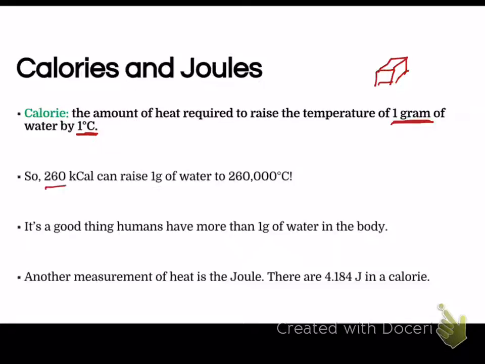But if we had 260 kilocalories, so kcals there, we know there's a relationship between calories and kcals because kilo is a familiar phrase for us.